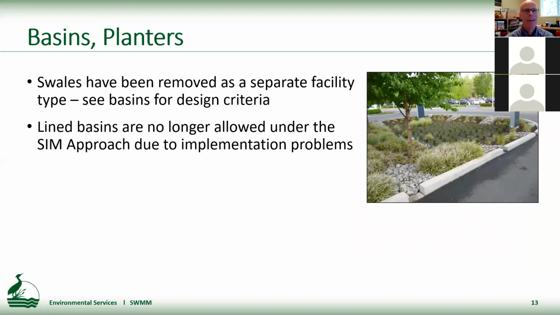Next. For basins and planters, just a few changes to report. Bioretention swales have been removed as a separate facility type. If you want guidance on designing long, narrow basins, look for that in the basin section of the design criteria.